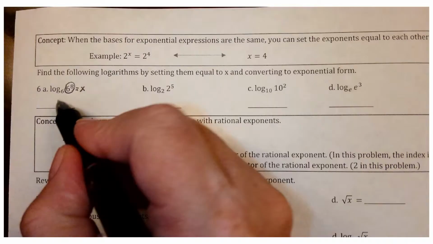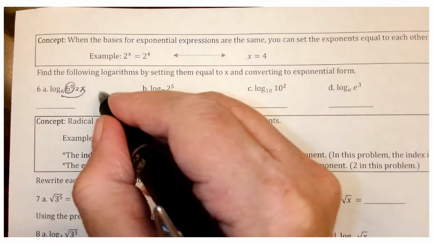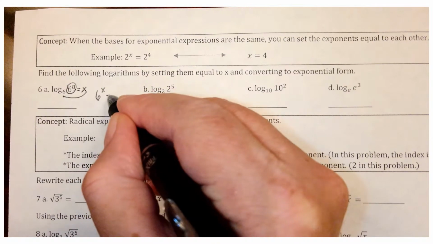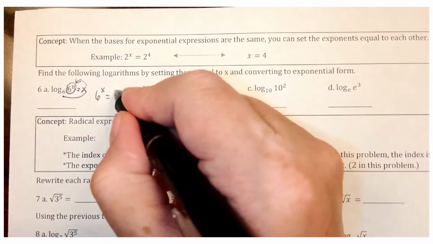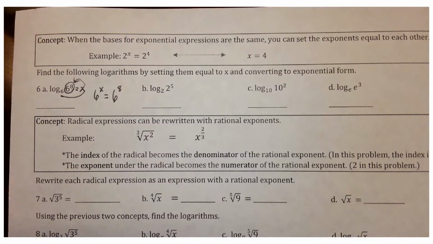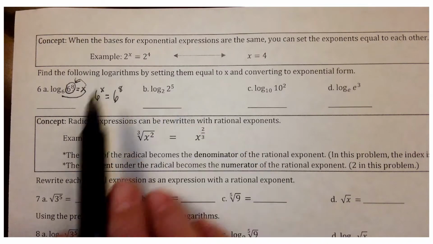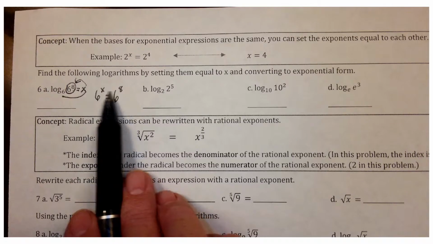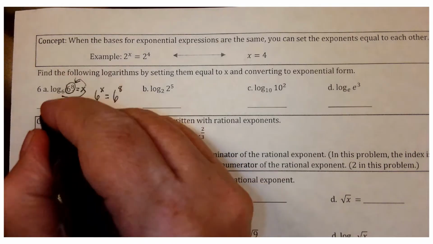Starting with our base on the logarithm, 6 to the x power equals this whole expression, 6 to the 8th. Now if we apply this new rule, that if the bases are the same, the exponents are equal, then I can say that these exponents are equal, and my answer is just 8. So x is 8.